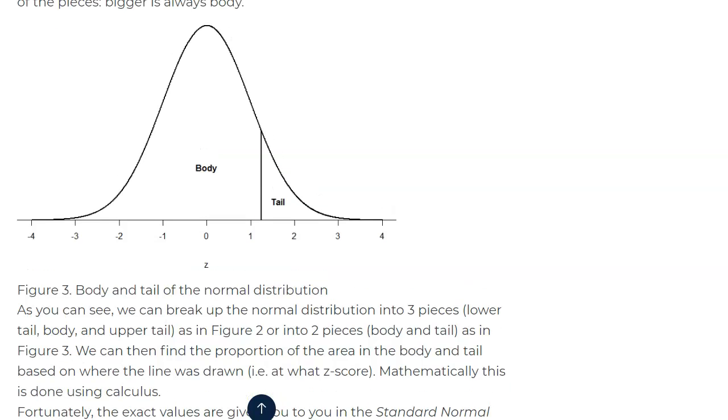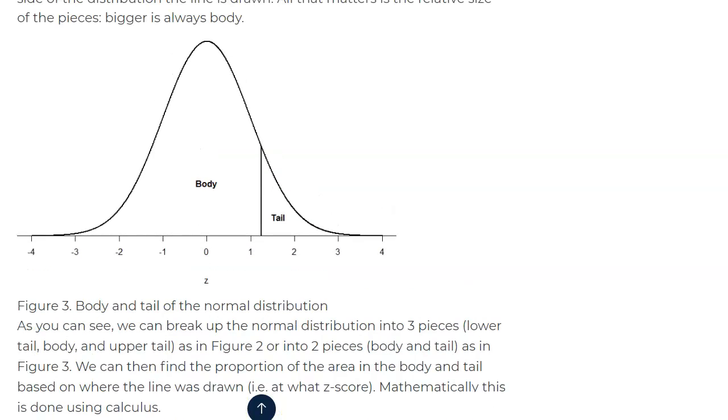When we're trying to identify that area, either explaining it as the percentage in a population or the chance of falling into that area, we can talk about things in terms of the body and the tail.